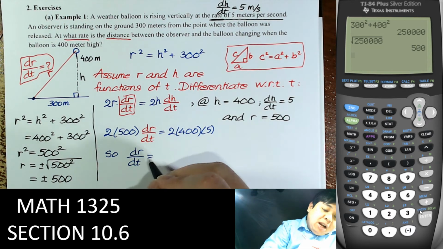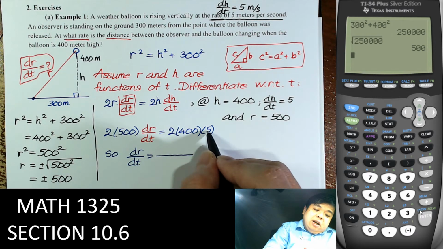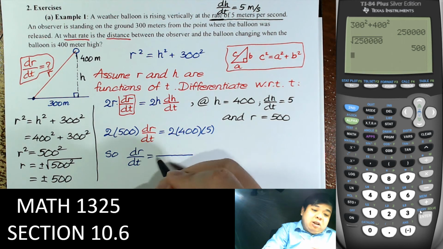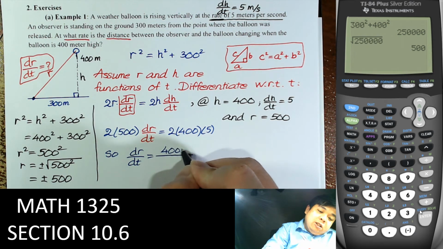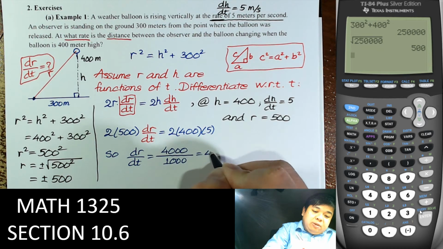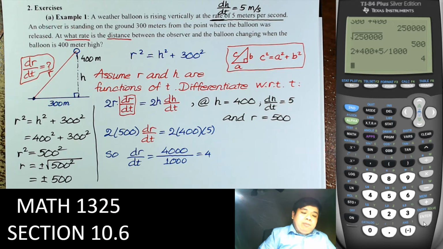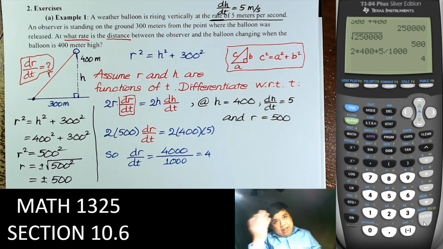Just divide by 1,000 on both sides. And this 400 times 5, 2,000, and that's 4,000 over 1,000. So just 4. Right. So that's the number.